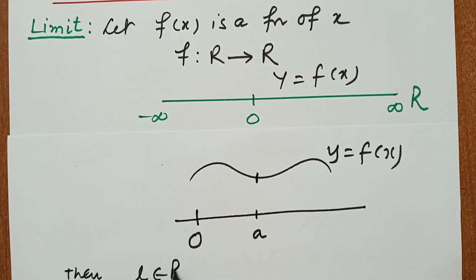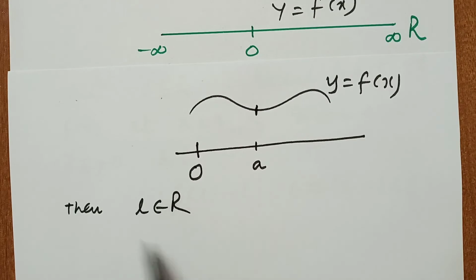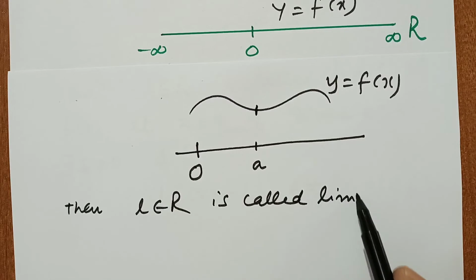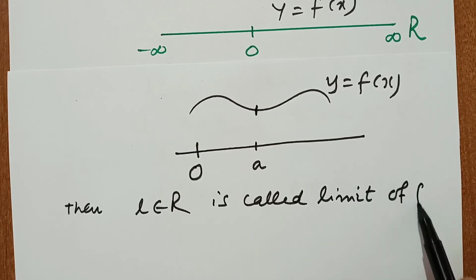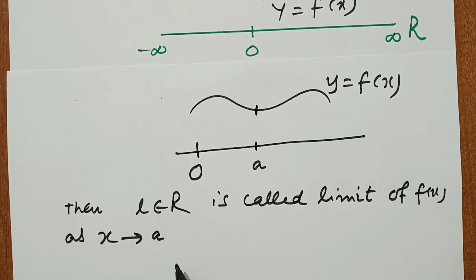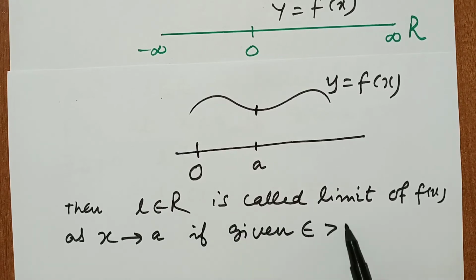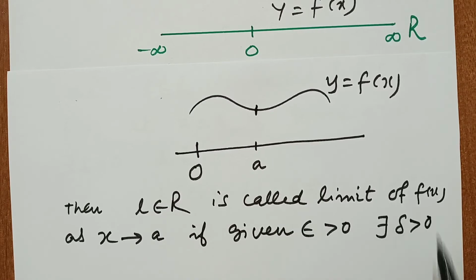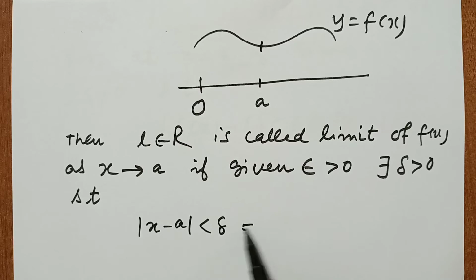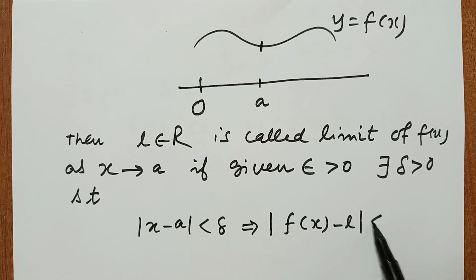L belongs to R, meaning L is a real number, is called the limit of f(x) as x tends to a if, given epsilon greater than 0, there exists delta greater than 0 such that mod x minus a less than delta implies mod f(x) minus L less than epsilon.